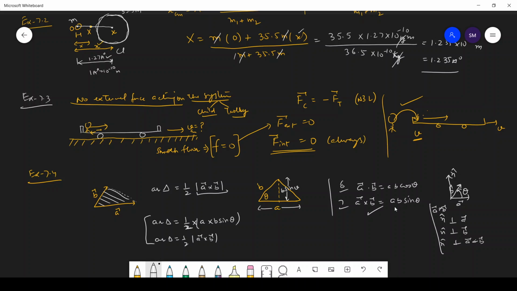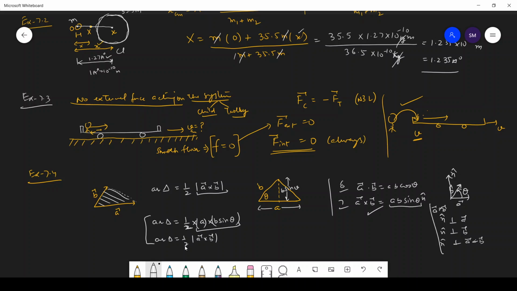So this is the magnitude of the cross product. The area of the triangle I have written as half into base into height, and that is nothing but half the magnitude of the cross product.